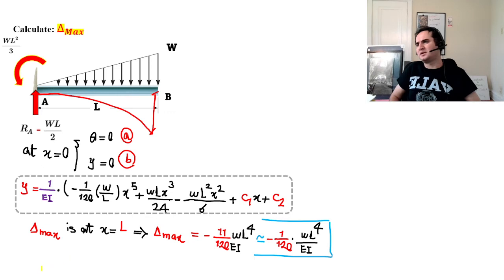We know from the geometry that delta max happens at the very end of the beam, so that's x equal to L. And delta maximum, if you replace the numeric value, is negative 11 over 112 WL to the 4 over EI, and that's almost 1 over 12 WL to the 4 over EI.